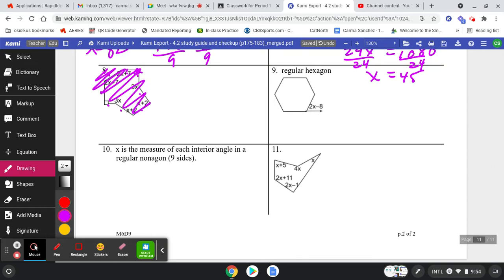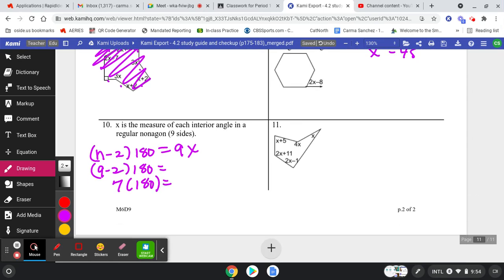Okay, number 10, x is the measure of each interior angle of a nonagon. And so picture that there's a 9-sided figure. So let's see how many, and then that's going to equal an x 9 times because there's 9 little angles. So 9 minus 2 is 7. 7 times 180.